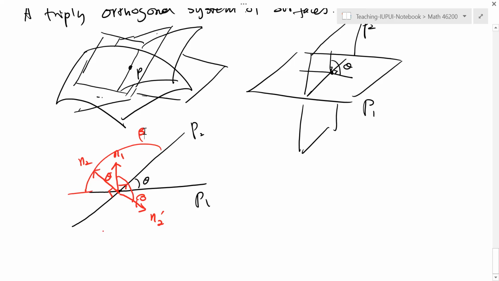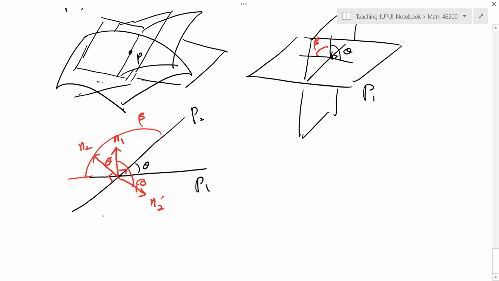So different choices of normal vector give two different angles. But the sum of those two angles must be 180 degrees. That's only two possible angles. So this is beta. So what I have to do is just find the normal vector.